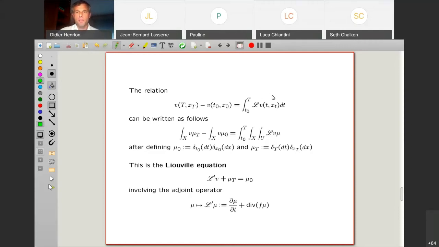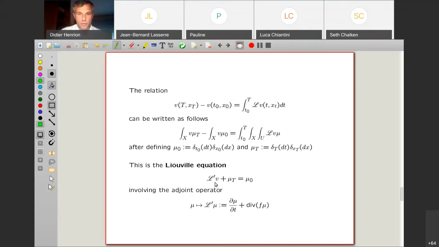And this is a space integration I had before. You can see that in the sense of distribution, I can rewrite it without the test functions as I did last week. Just have to introduce the adjoint operator, L adjoint.